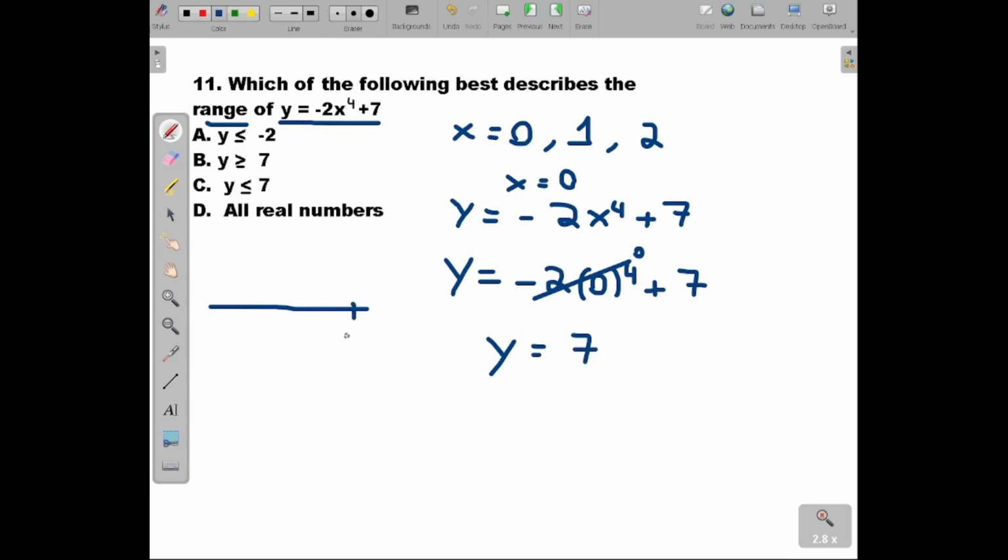So we have this graph and we have the value 7. So y has to be equal to 7.